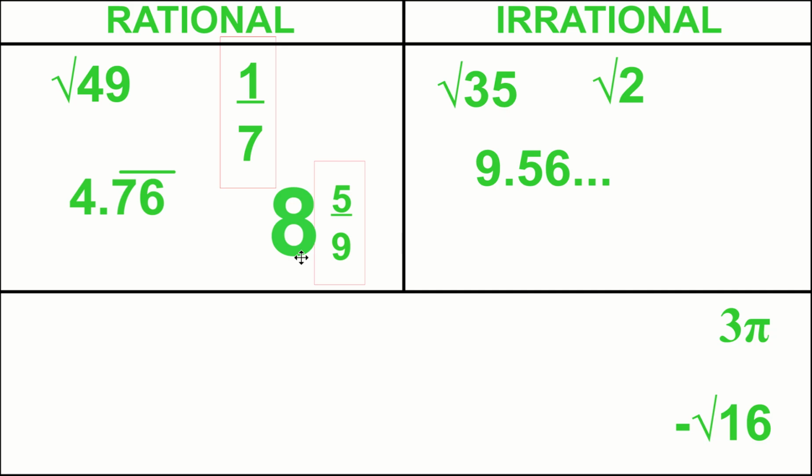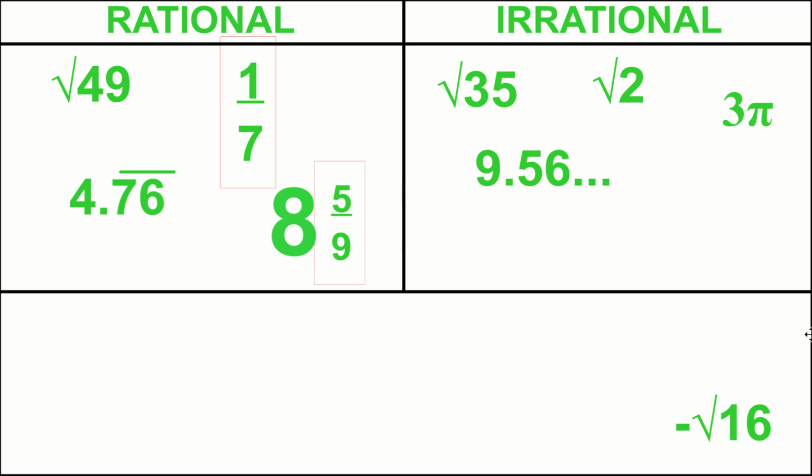3 pi. Irrational. If you see pi, pi is almost always going to be irrational. There are some exceptions I'll show you eventually, like where you've got pi on top and bottom of a fraction.